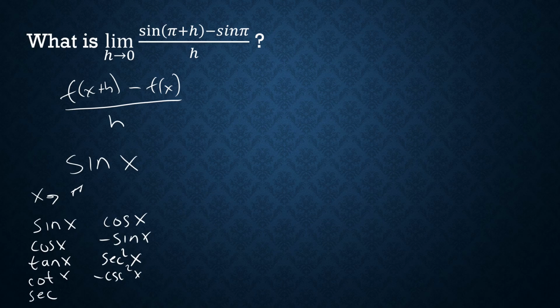Derivative of secant x is secant x tan x. And derivative of cosecant x is going to be negative cosecant x cotangent x.